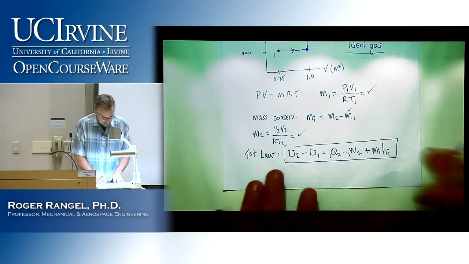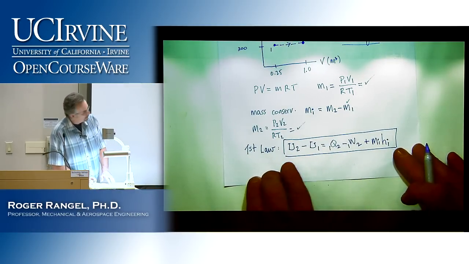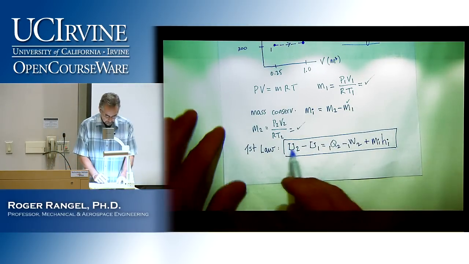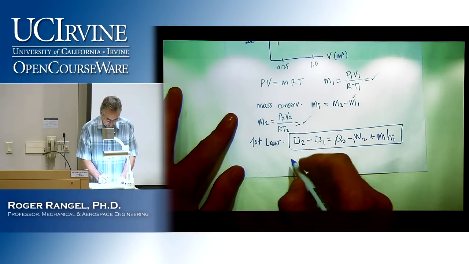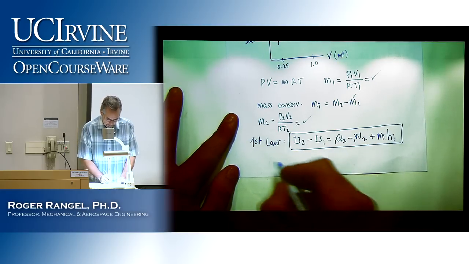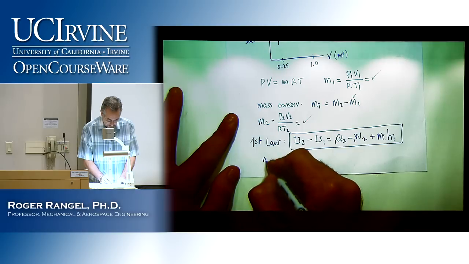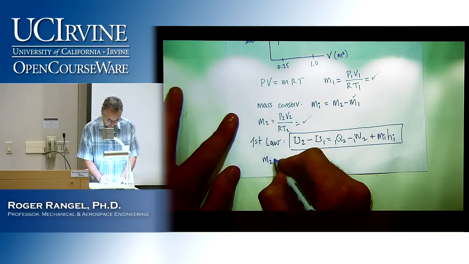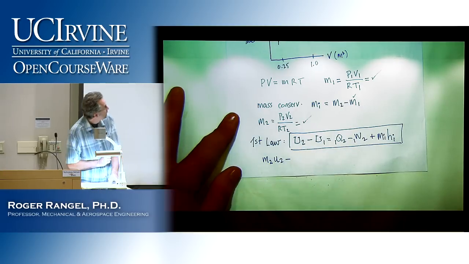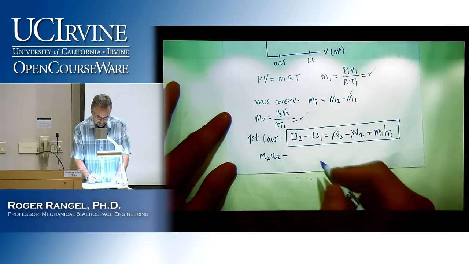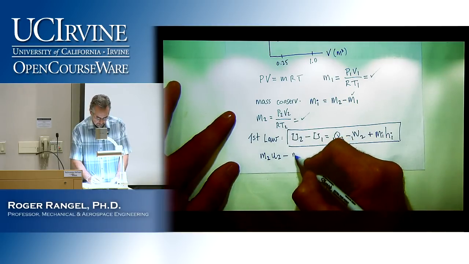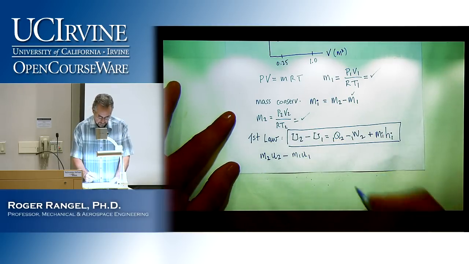On the left-hand side, these are extensive properties. This is capital U2, capital U1. So I should write those in terms of intensive properties. So capital U2 is M2 lowercase u2. And capital U1 is M1 lowercase u1.